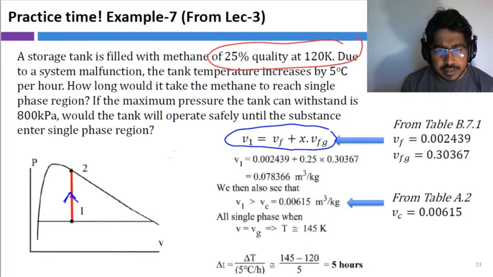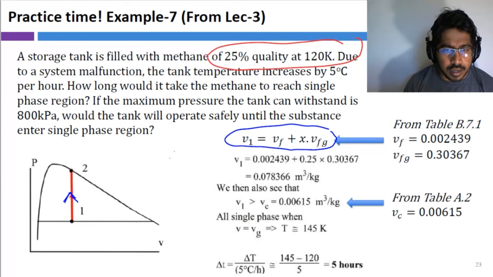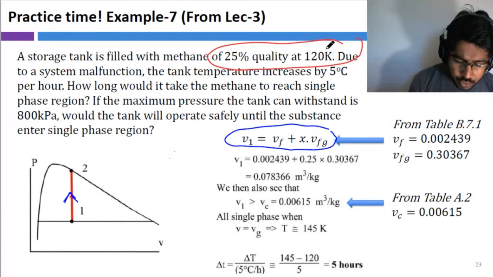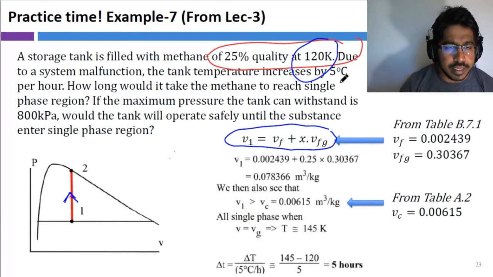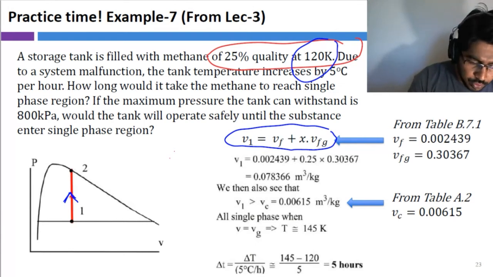V1 is equal to Vf plus X Vfg because it's inside the dome and we know the quality. And what we want to find is Vf and Vfg, right? Important to note, this is given in Kelvin, 120 K. So check the units of your tables before you jump into values.